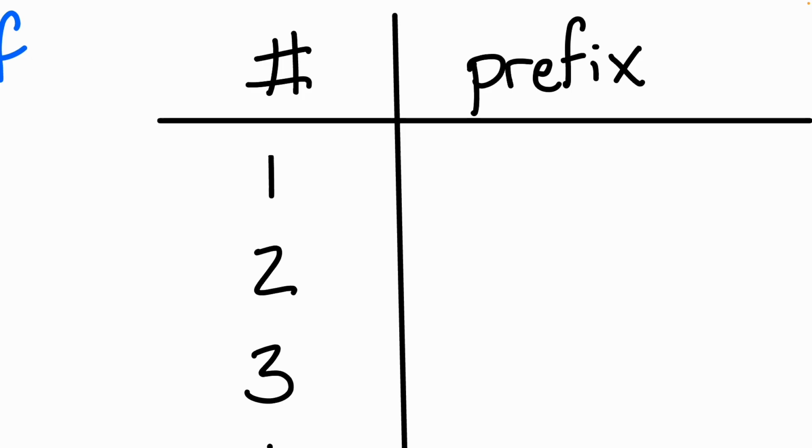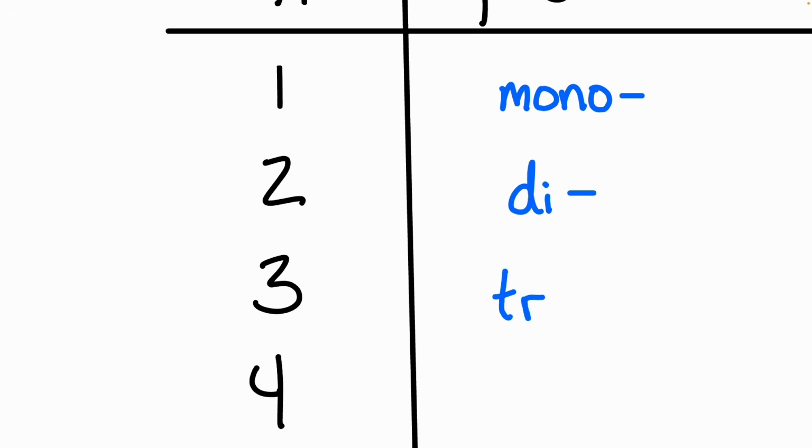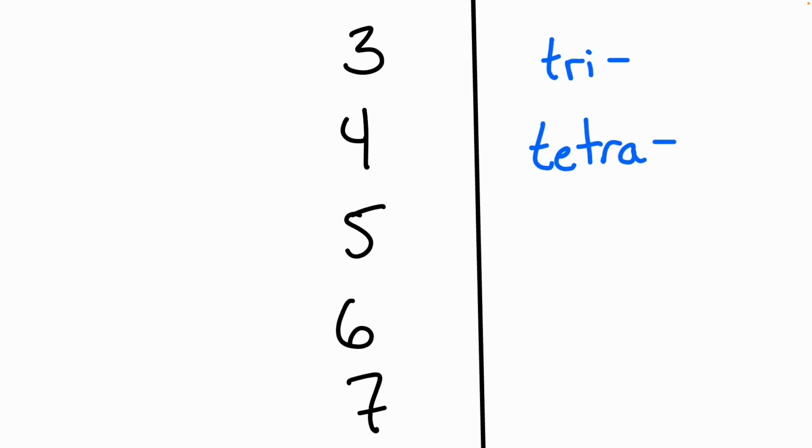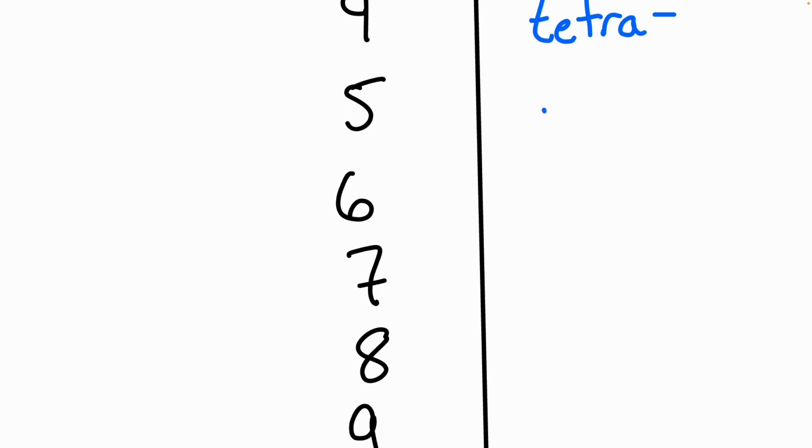So what's our prefix for 1? We saw an example previously. Mono. And 2, that was di. 3, tri. And 4, we saw an example of before. This is tetra. And then they start to sound really familiar from our geometry class. 5 is penta. 6 would be hexa. I don't know where septa comes from, but we don't really use it in chemistry.